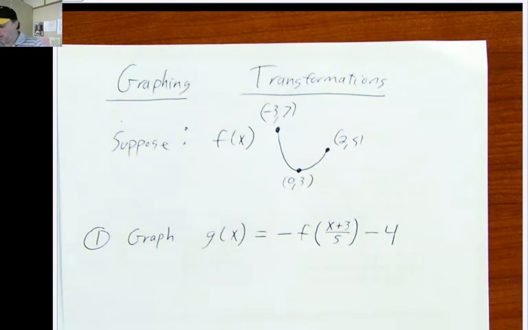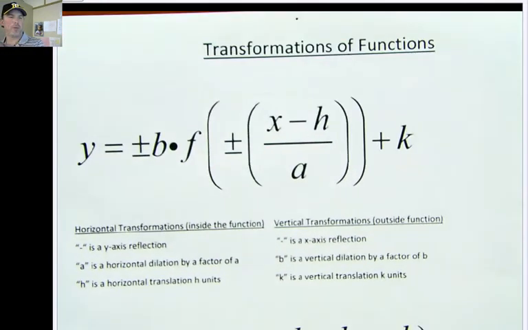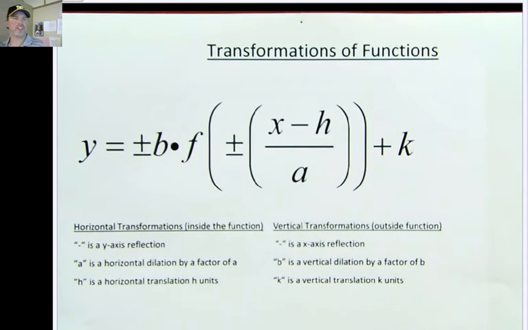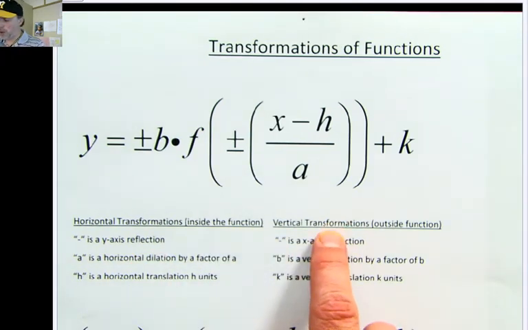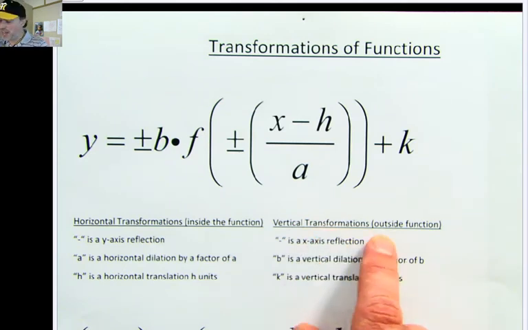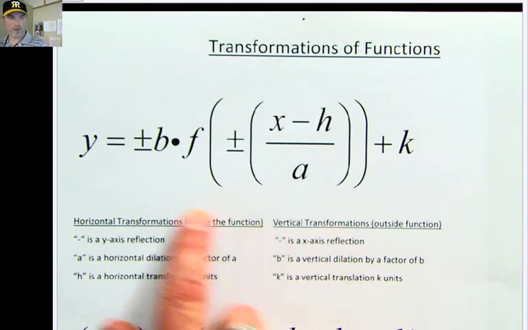Now, before I get into that graph, I want to show you the transformation sheet that I typed up and formalized, which I've been talking about. I also broke it up into horizontal and vertical transformations. As we talked about in previous lessons, anything that's seen outside of the function is going to give you a vertical transformation.